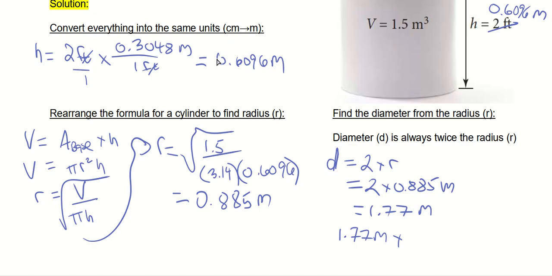Well, I'll tell you what it is. It is 100 centimeters is equivalent to 1 meter. Again, this is really over 1. That cancels out with this, and we get 177 centimeters is the diameter.